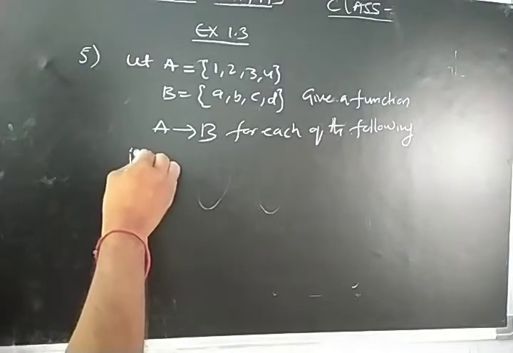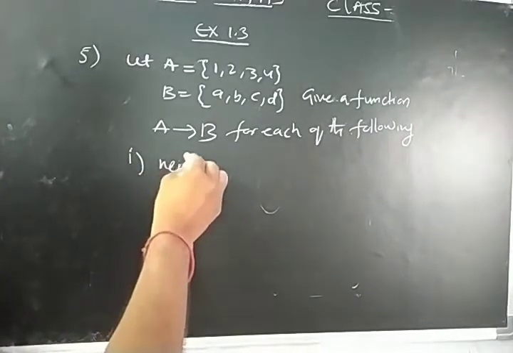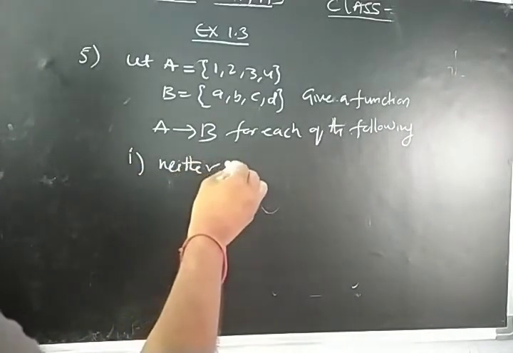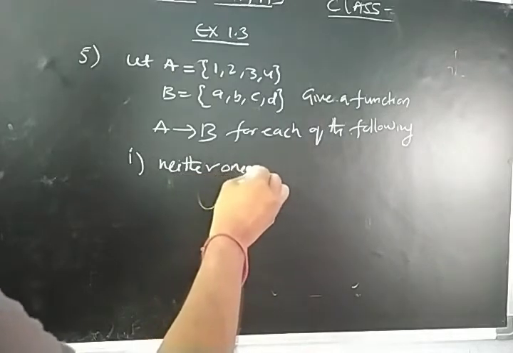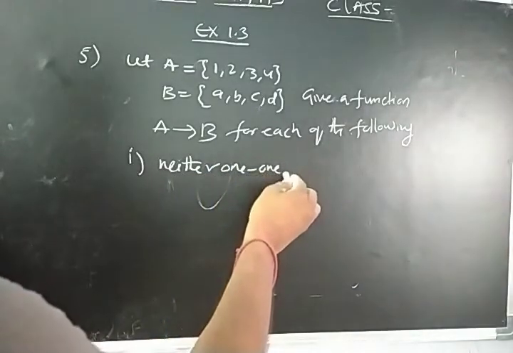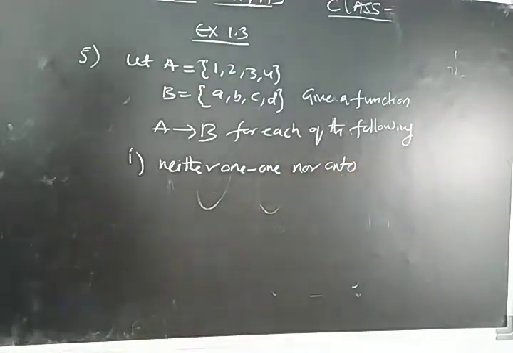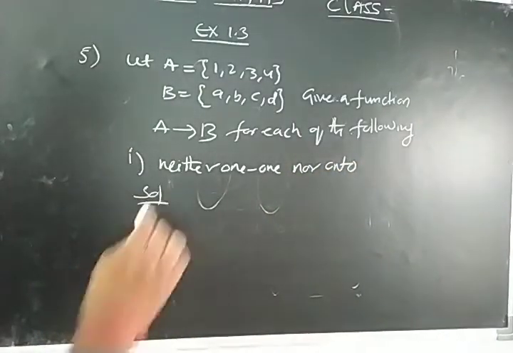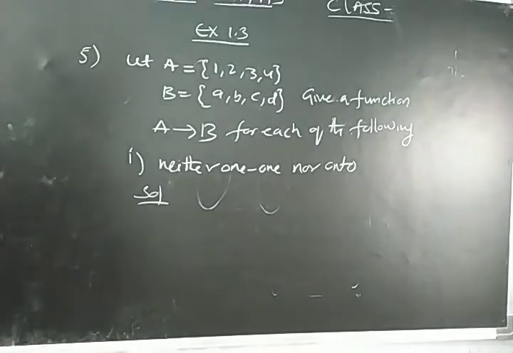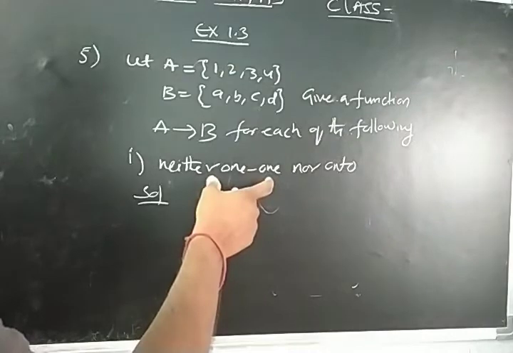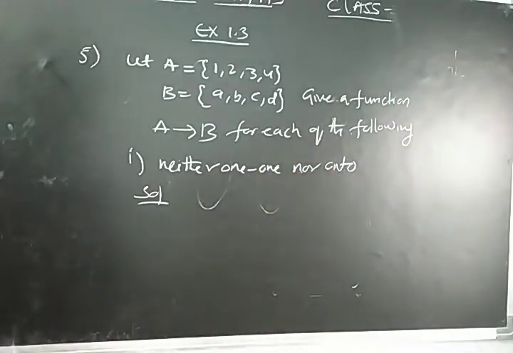First question: neither 1-1 nor onto. Here only I am writing the solution. What is the first question? We have to construct a function from A to B such a way that it should not be 1-1 and it should not be onto also.